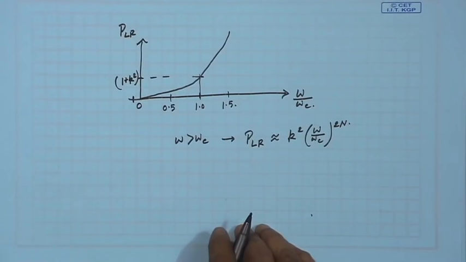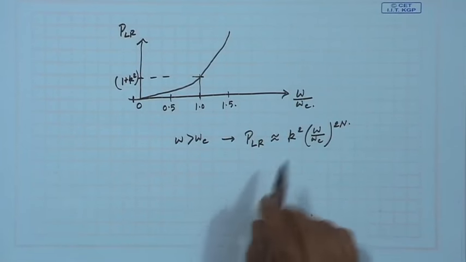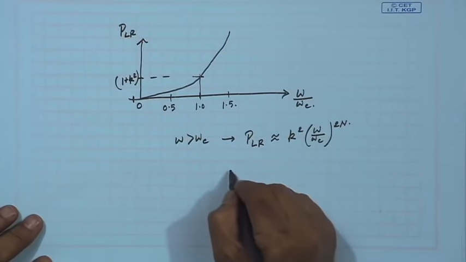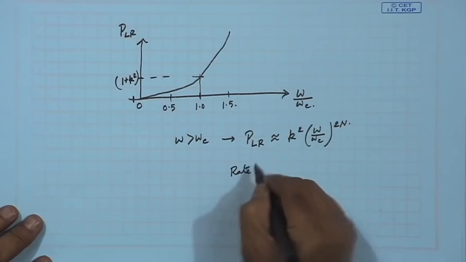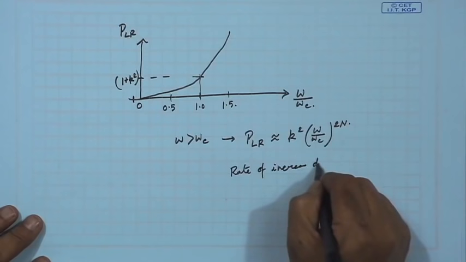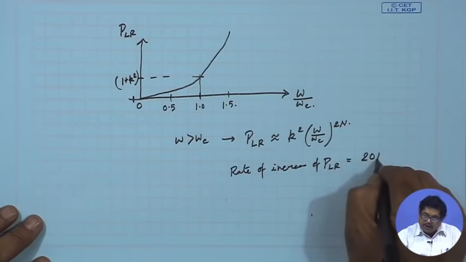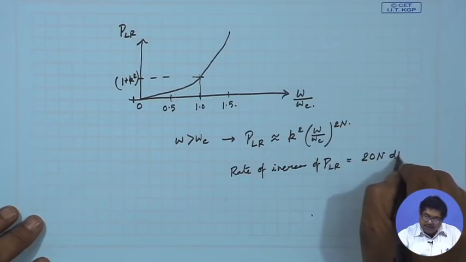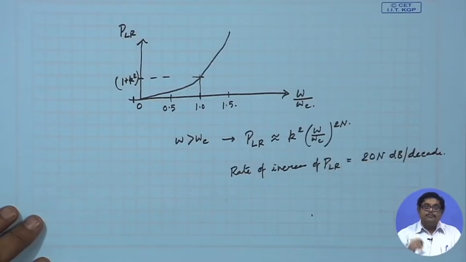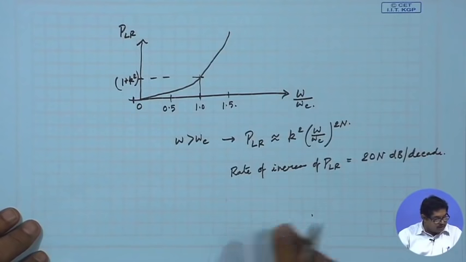So, what is the rate of increase of PLR in the stop band? From this I can say that the rate of increase of PLR is 20 n dB per decade. This is well known. If you have this expression, you can always say this.